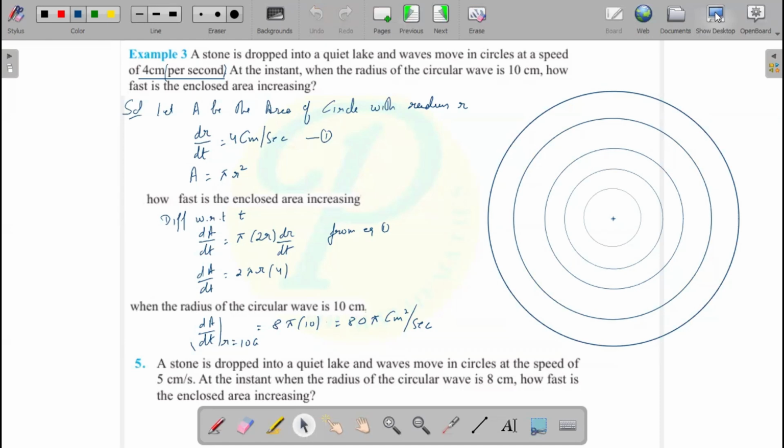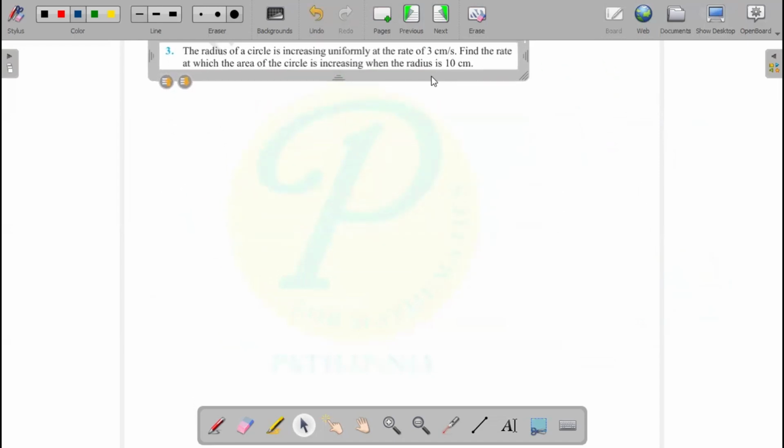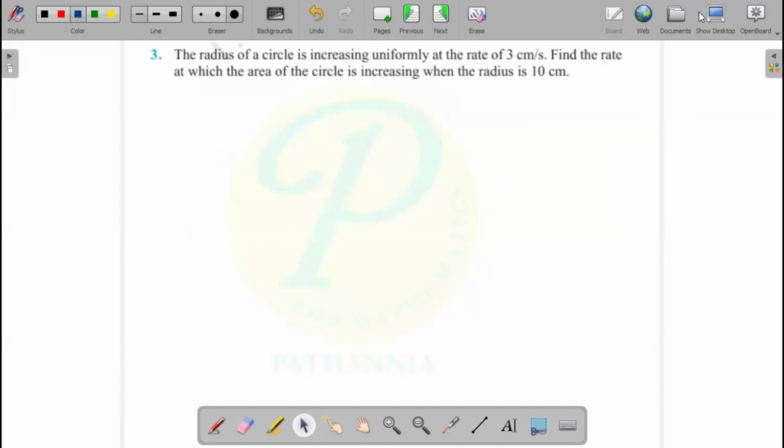Question number 3 from your NCERT exercise. And question number 4 also.